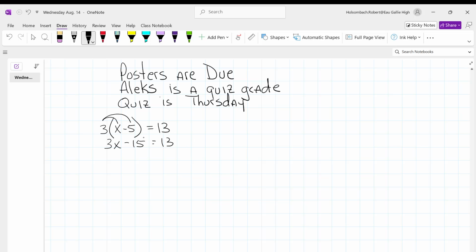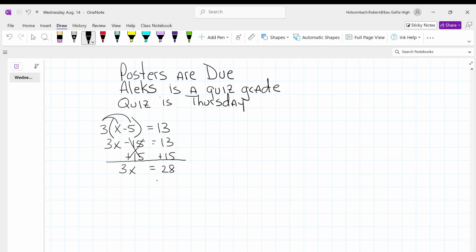And now you've done this type of problem already this week. So we're going to add 15 to each side. The 3x falls down, the 15s cancel out, and this 3x is equal to 28.